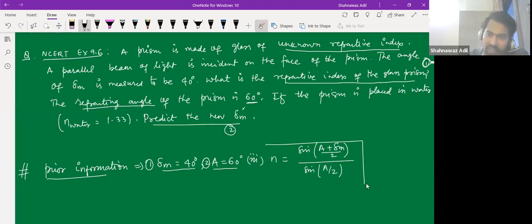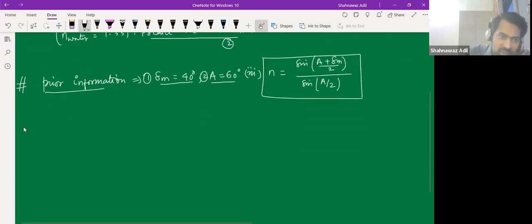In air, this is this, right, everyone? We have this delta M, we have this A. Then we can easily calculate this refractive index. So let us do the first part, right? Unknown refractive index.